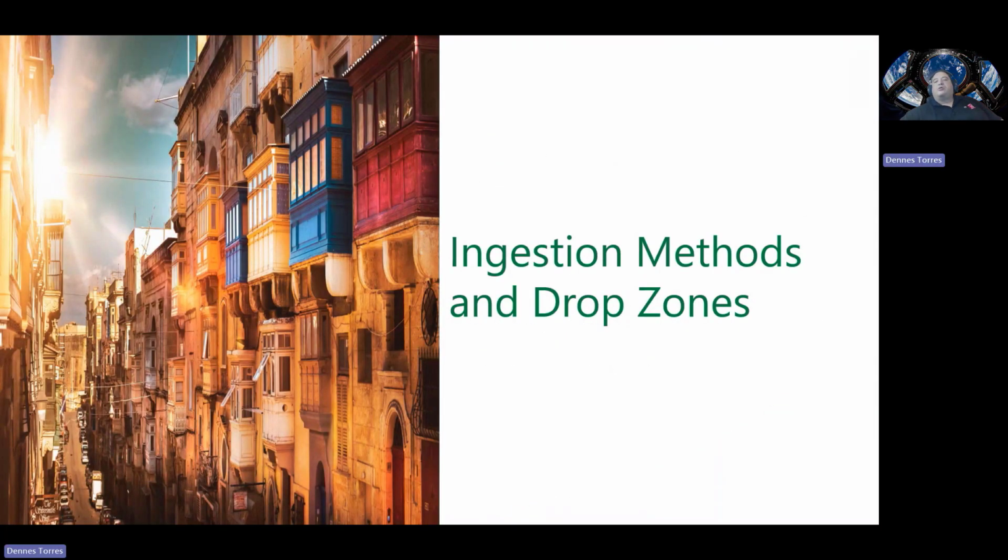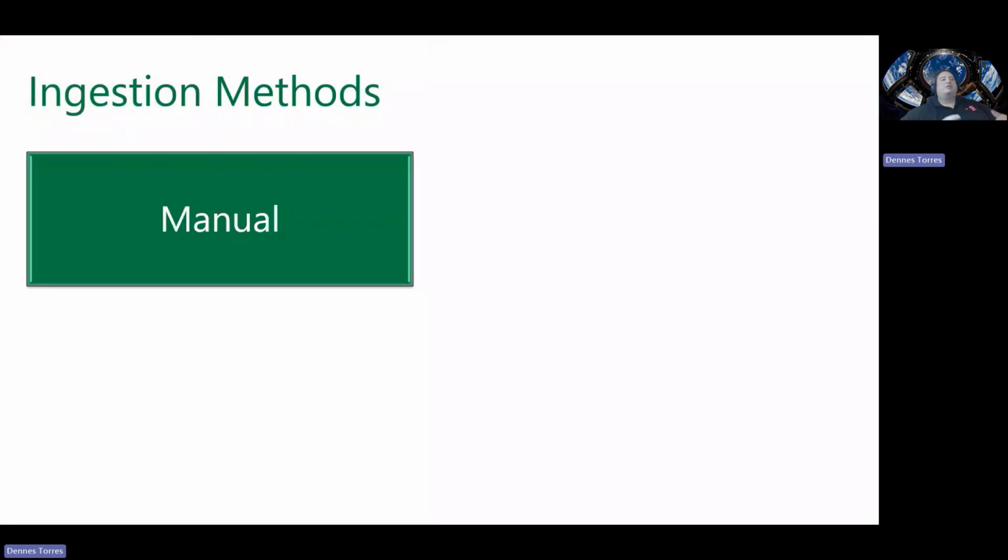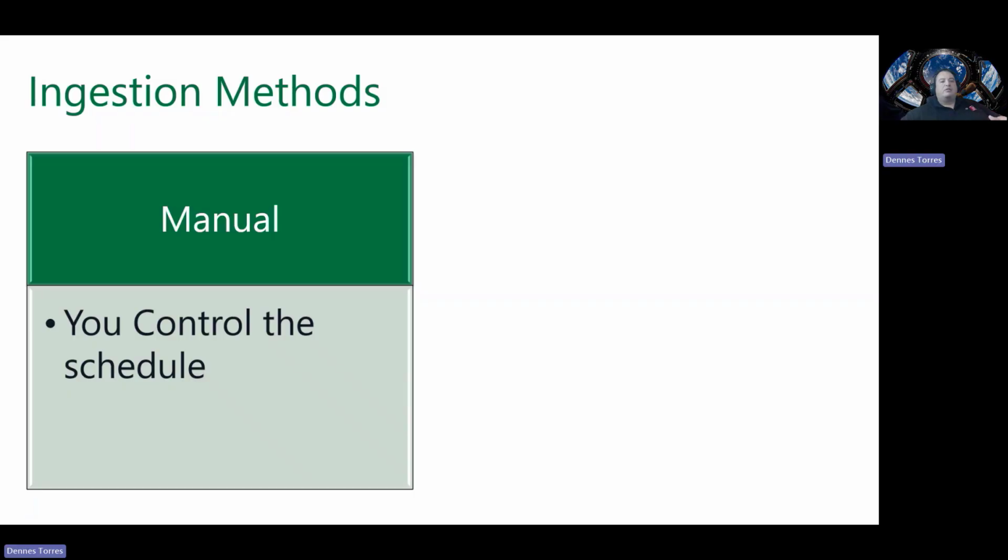Ingestion methods and drop zones, what I'm talking about. I'm talking about a manual ingestion method. Imagine that you do all the ingestion manually. Then you control the schedule. It means that your ingestion, your call to the external source is scheduled. And once you get the data, you control the schedule.